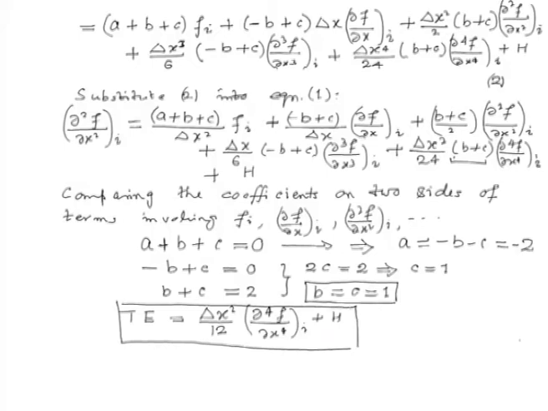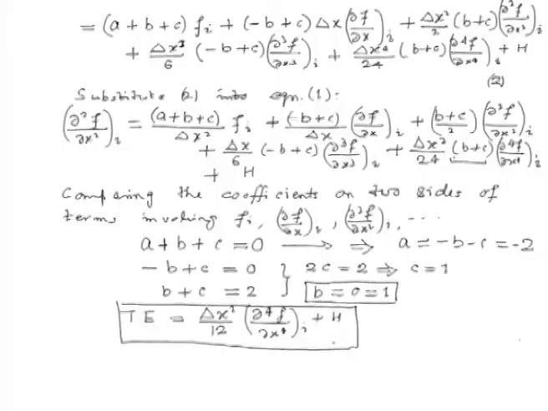So we can clearly say that this central difference approximation has a truncation error of the order Δx², that is, it is a second order accurate scheme.